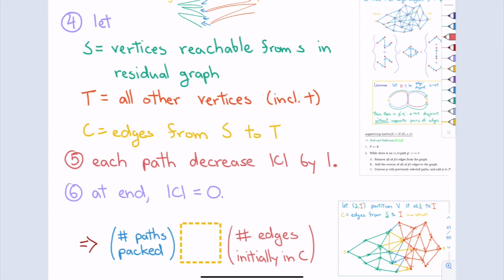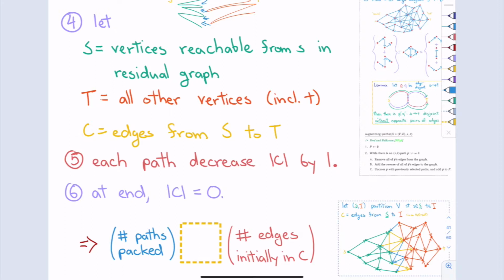So that tells us, what connection do we have between the number of paths packed and the number of edges in C initially? Less than, bigger than, equal? Would it just be equal?